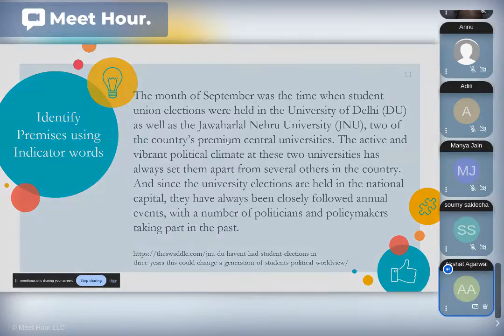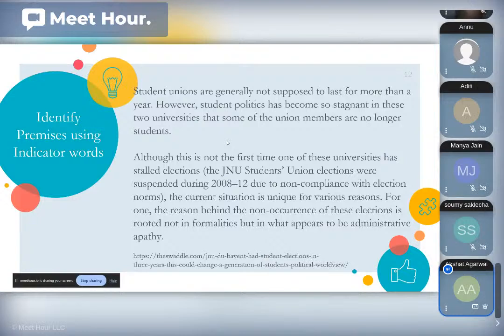Okay, so I'll just move on, and this is in continuation of what I just told you. I hope you can read the next paragraphs of the passage.